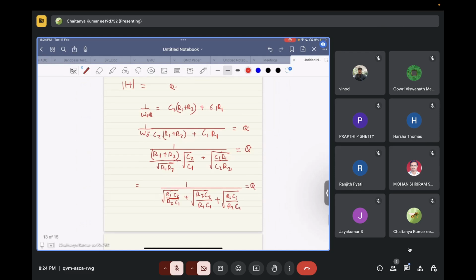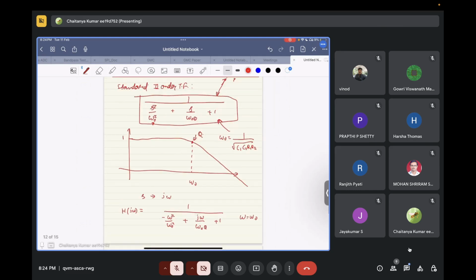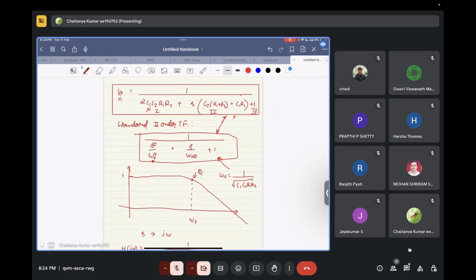This is equal to the quality factor of the circuit. So Q is basically denoting the quality factor, the gain, or the magnitude response of your second order transfer function at omega naught. And omega naught is called the central frequency.